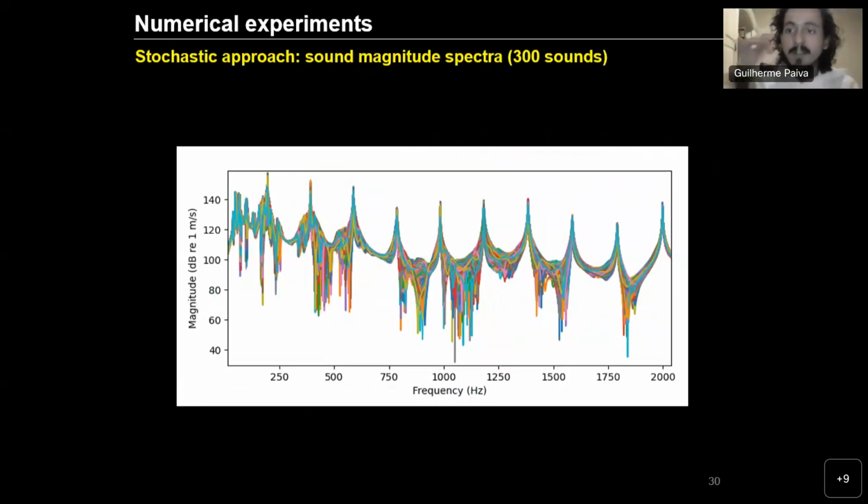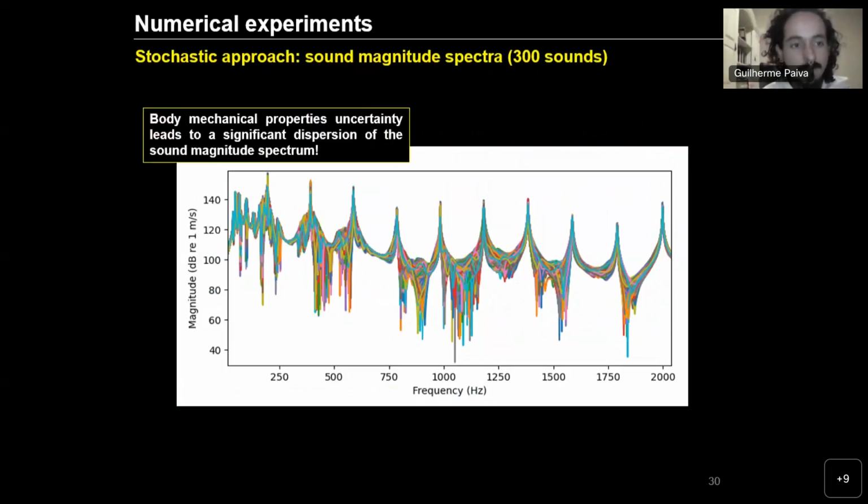Considering those 300 random sounds, gathering all the respective spectra and superposing them in the same figure, we obtained this representation here. We can see that the body mechanical properties uncertainty leads to a significant dispersion of the sound magnitude spectrum.